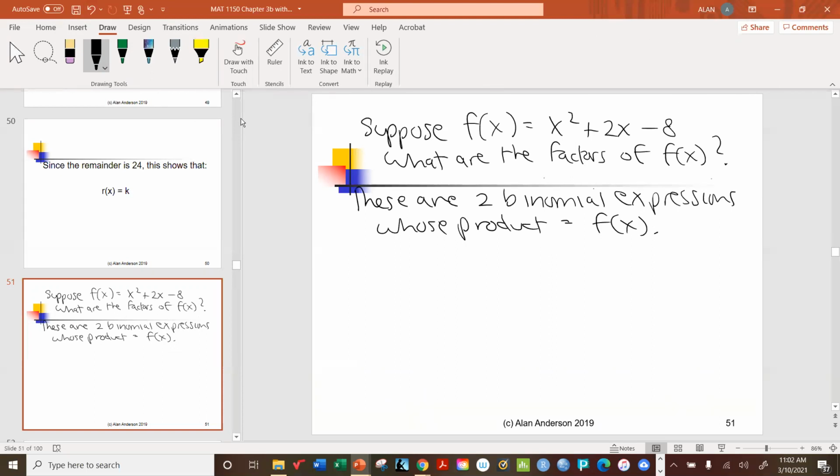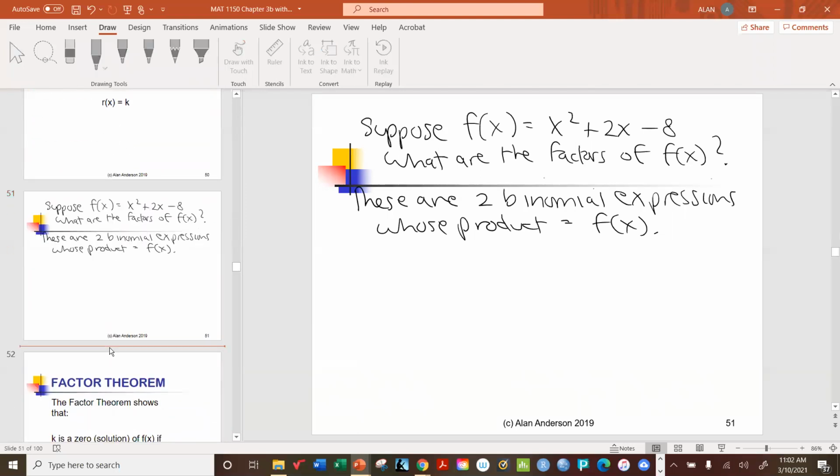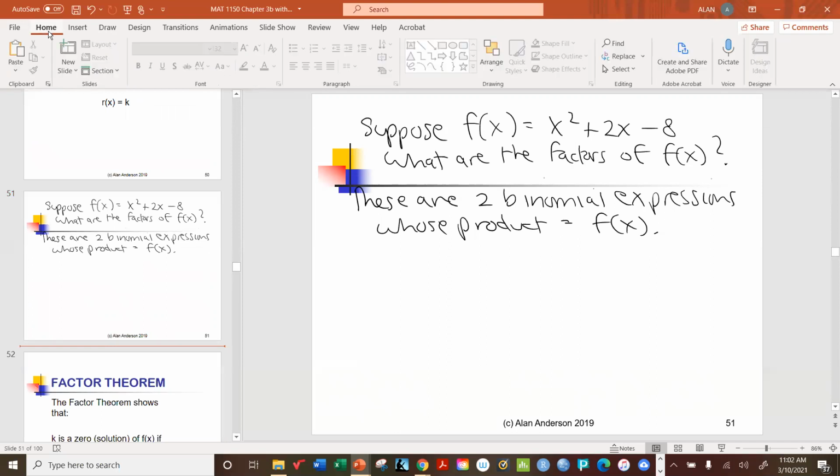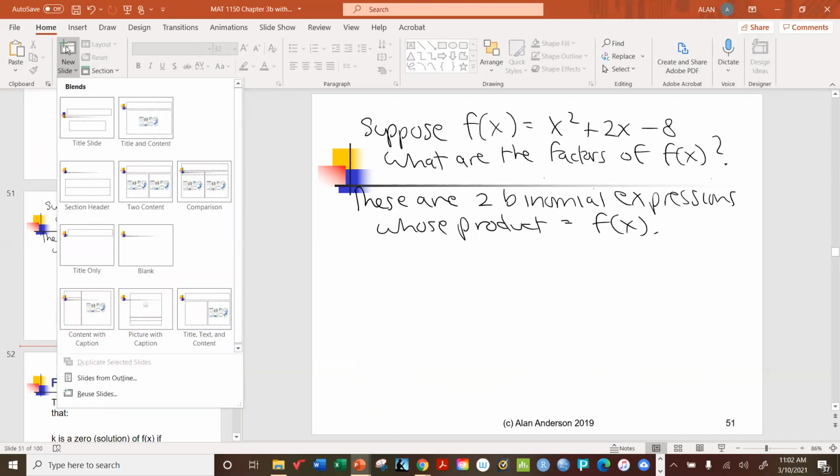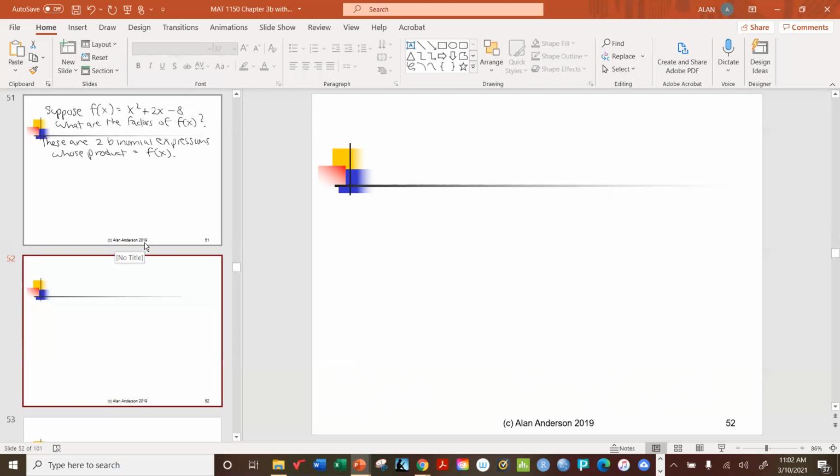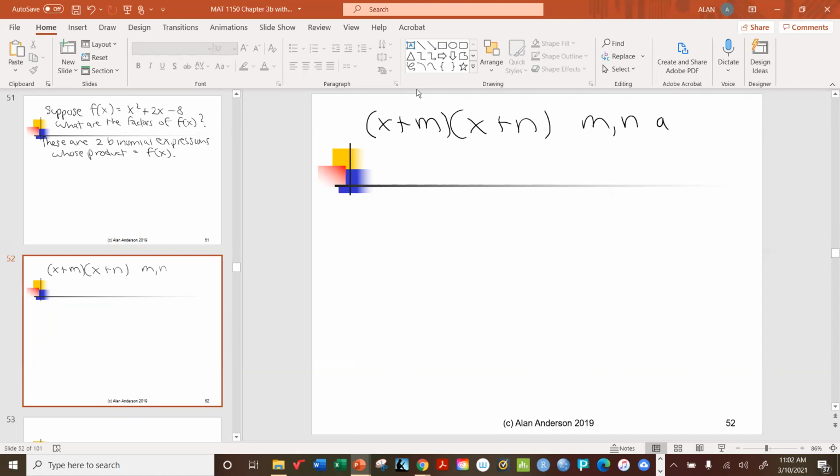Now, let me just show you a fairly formal derivation of this. This will only take a minute. Suppose we have x plus m times x plus n, where m and n are real numbers.